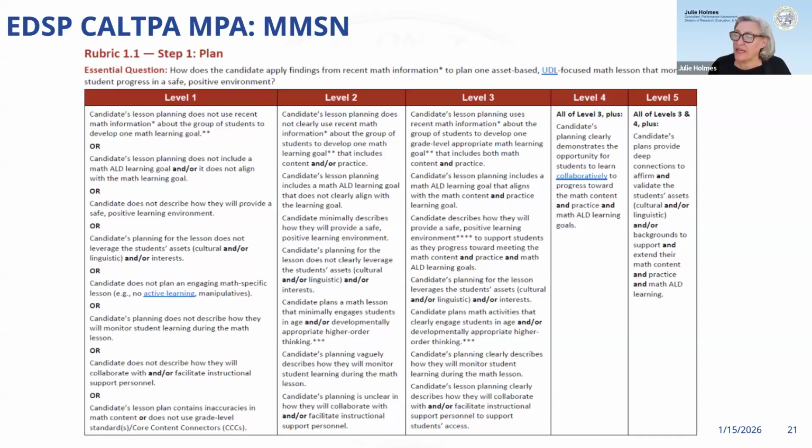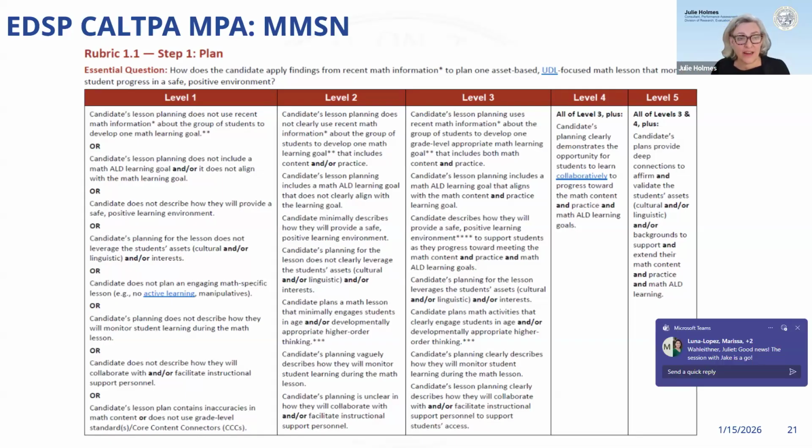And how are they creating that safe, positive learning environment? That is helping students progress in the math content and the practice and the academic language that they're learning. Leveraging the students' assets. We've seen great improvement over the years in this area.